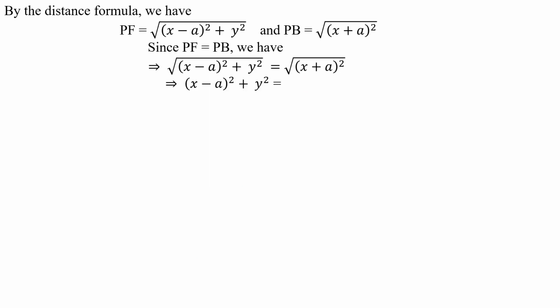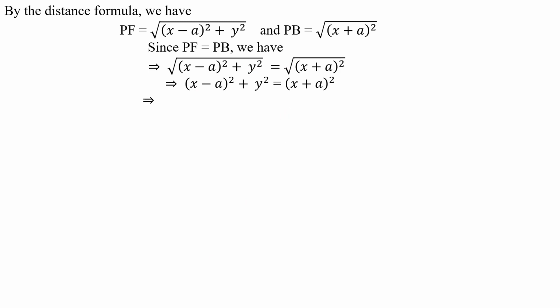By squaring on both sides, we get (x - a)² + y² = (x + a)². Here we have removed the square root symbol on both sides. Understood this step, my children?